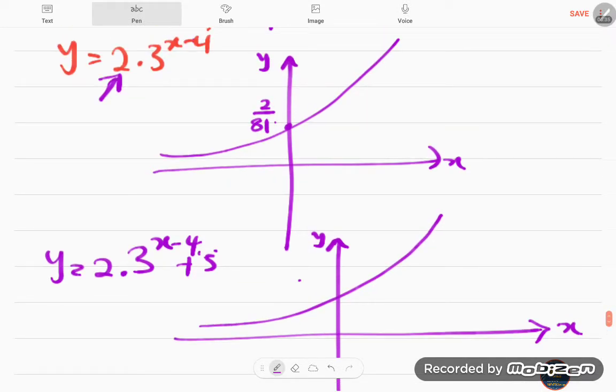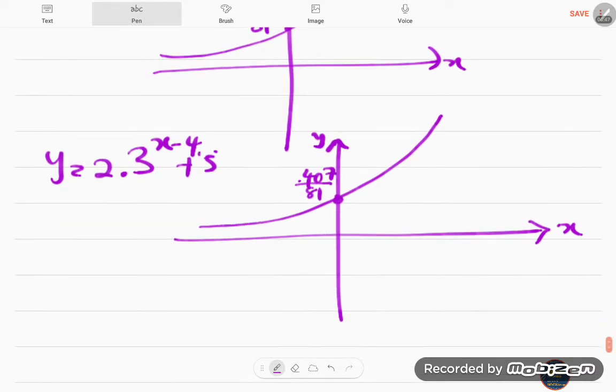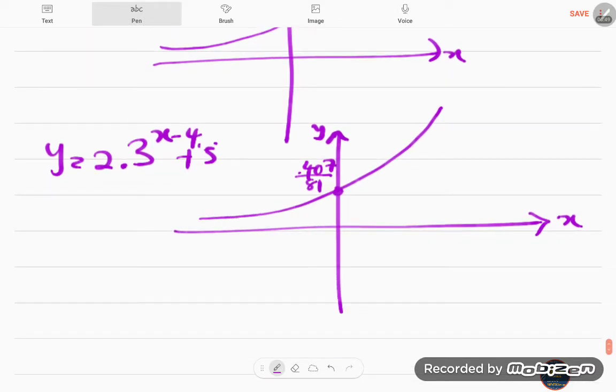Okay, so 5 plus 2 over 81 is 407 over 81. It's a bit of a better example, but I had to think of that off the top. So this is going to be our new graph.